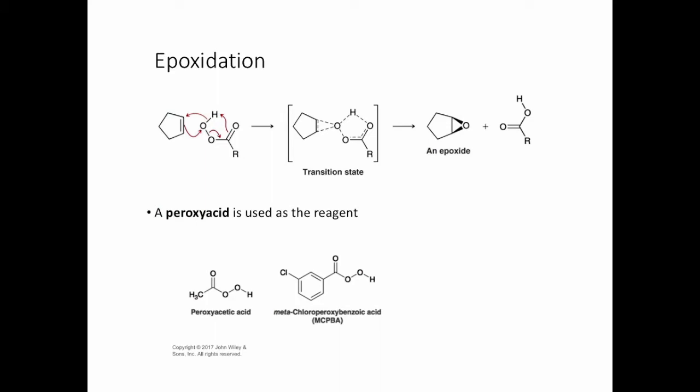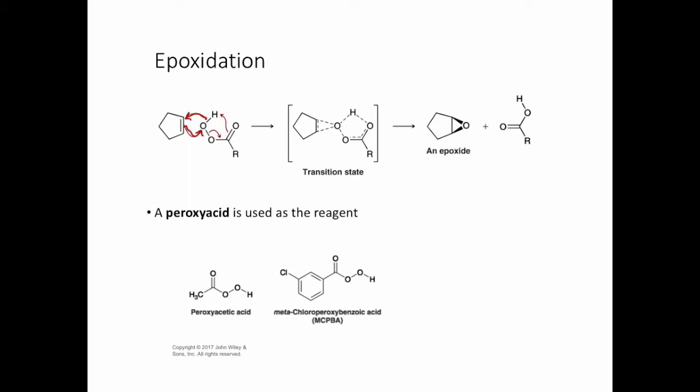This is the mechanism for epoxidation. So there are 4 curved arrows, and this all occurs in one step. So the double bond is the nucleophile, and it's going to attack the electrophilic oxygen atom, and at the same time the oxygen-hydrogen bond breaks, and those 2 electrons form a bond with one of the 2 carbons of the alkene.